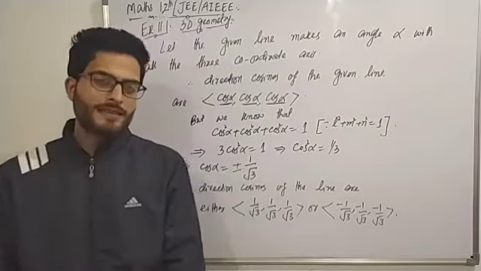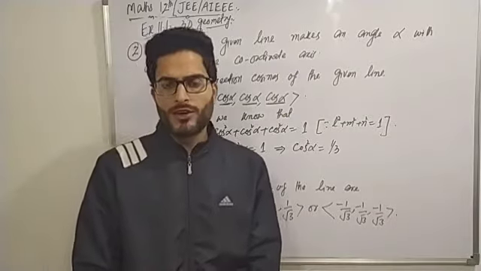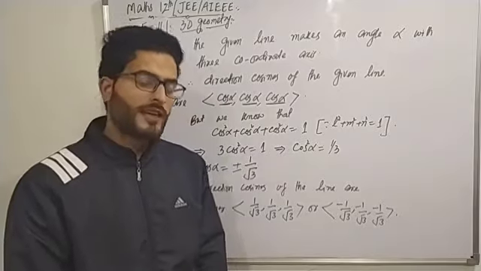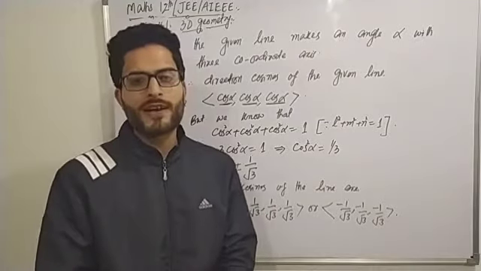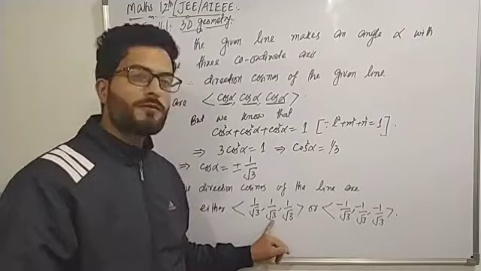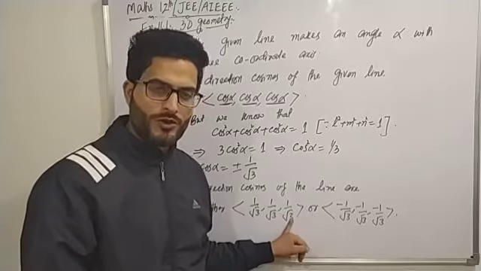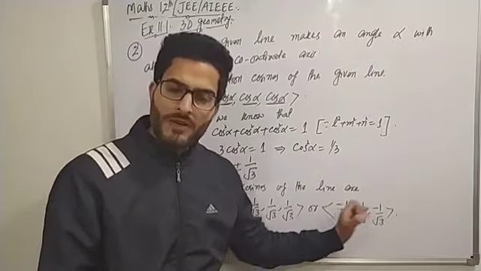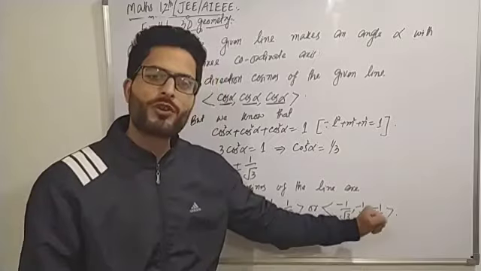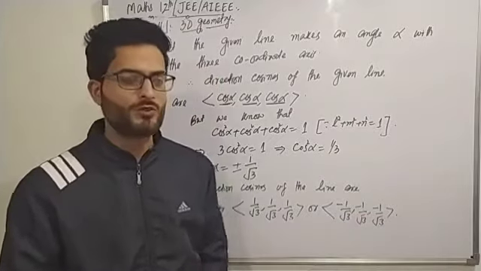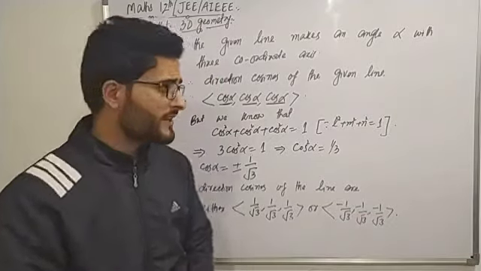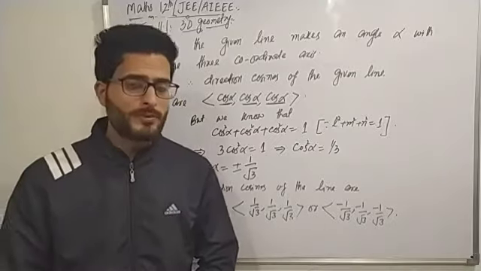So when a line is equally inclined with all the 3 coordinate axes, then we can say that its direction cosinus are of the form 1 by square root 3, 1 by square root 3, 1 by square root 3 order 3 tuple, or of the form minus 1 by square root 3, minus 1 by square root 3, minus 1 by square root 3. So we have obtained the direction cosinus. So all about question number 2 of this exercise.